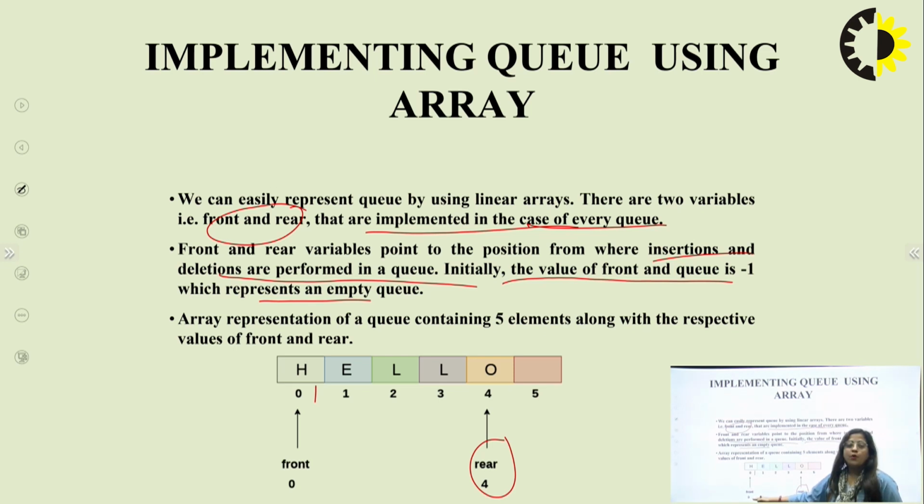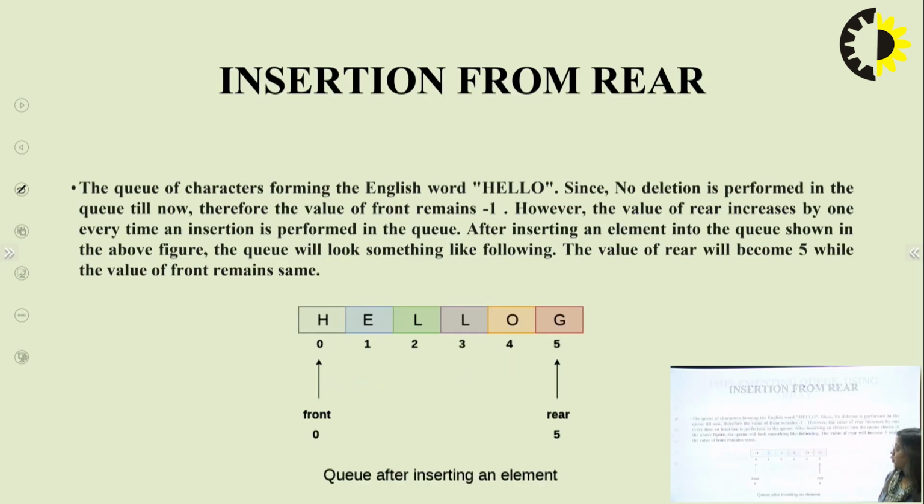Right now front is pointing to index 0 and rear is pointing to index 4. Now apply the different operations. Insert from the rear, because this is where the enqueue operation applies.